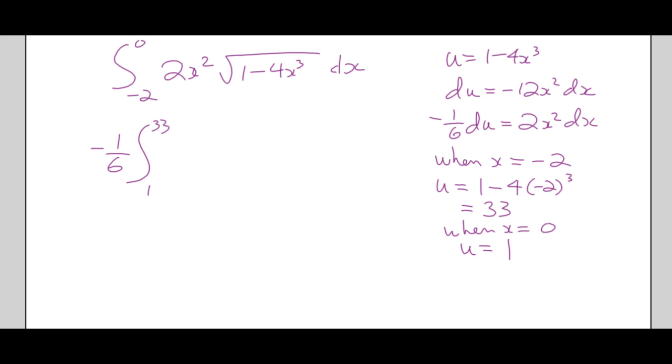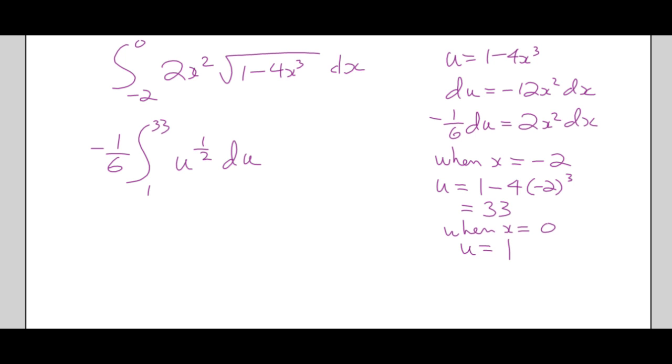We now have the square root of u, so just u to the 1/2 du. Makes sense so far? The -1/6 is just a constant, so it comes out in front. We wrote it out explicitly so we get the 2 and not a 72 or something, and the negative so that the negative 12 would become a positive 2.